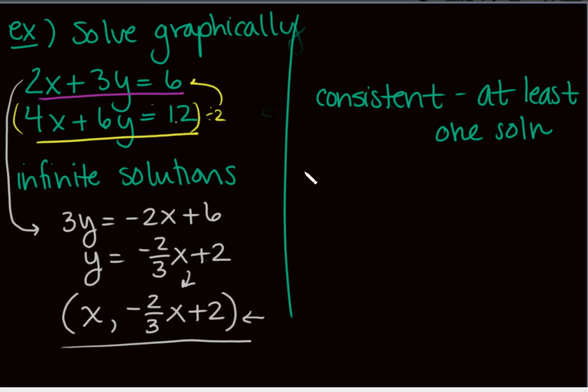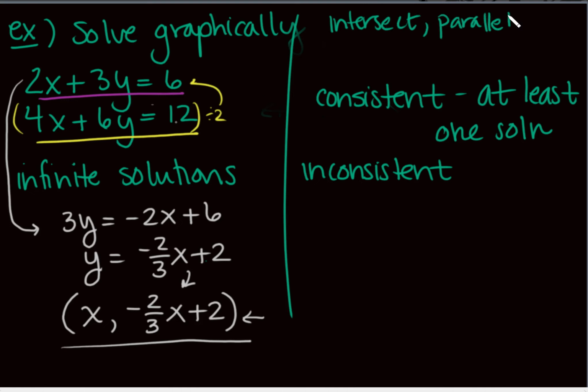Remember the things that we can have, right? What can happen with lines? They can intersect, they can be parallel, or they can be the same line, right? That's what we've seen can happen.